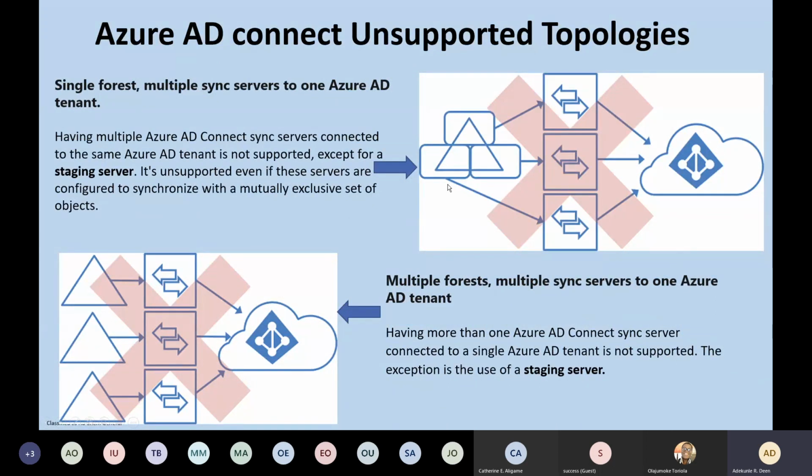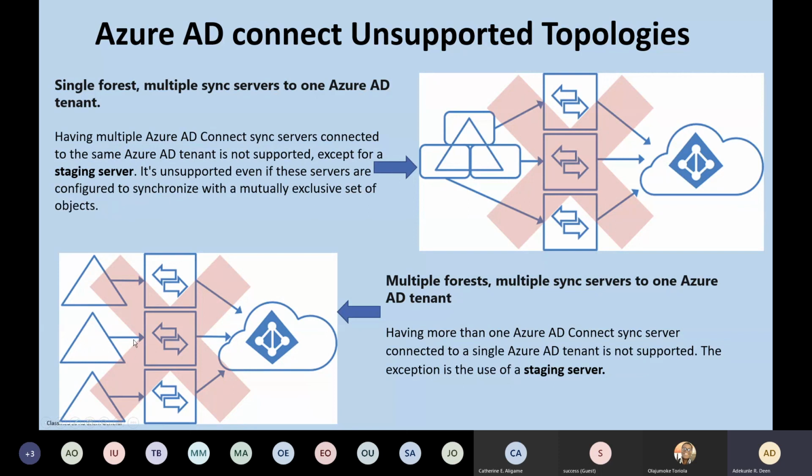So this is what is not supported. You cannot have a single forest with multiple sync servers connecting to one Azure AD tenant. It's not possible. I said it earlier that you only have one Azure AD Connect server in an environment.